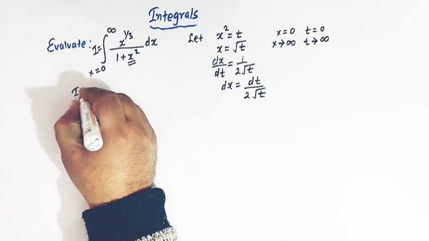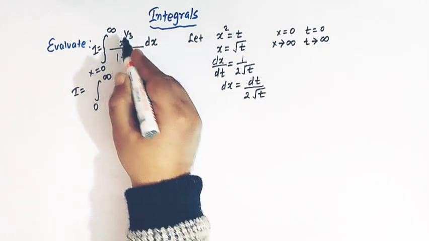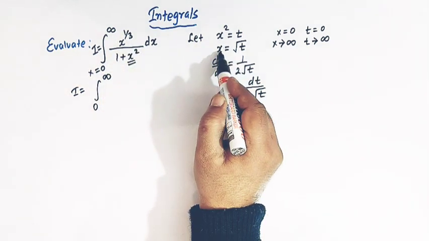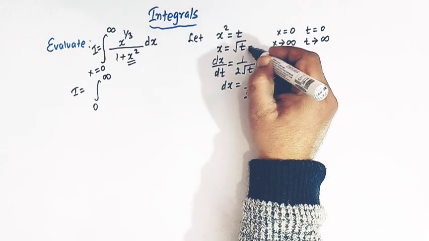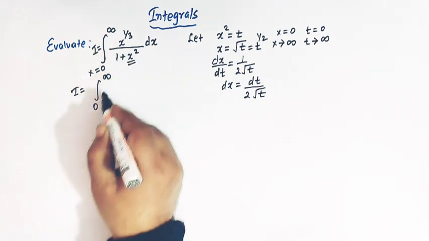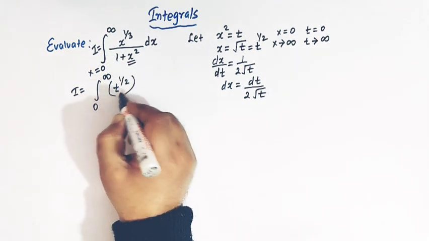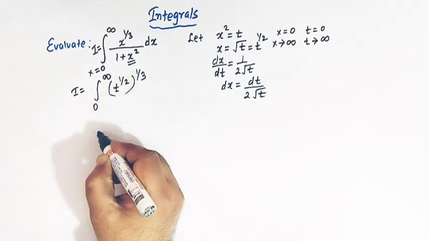So we can now write I as 0 to infinity x raised to 1 by 3. Now see here x is equal to square root of t, which is t raised to half. So here we can write t raised to half raised to 1 by 3, right?